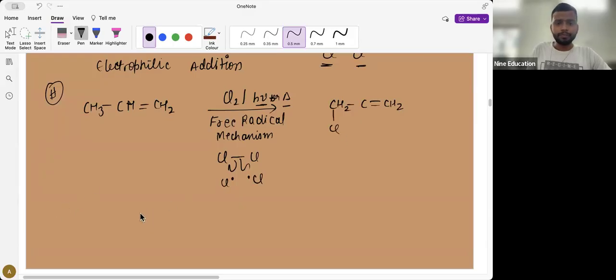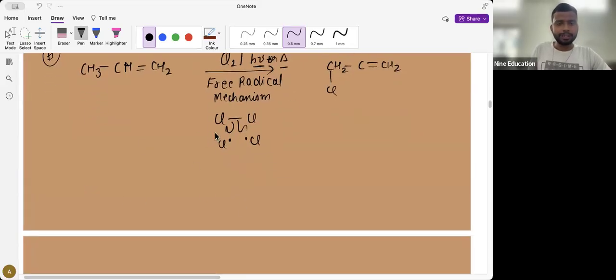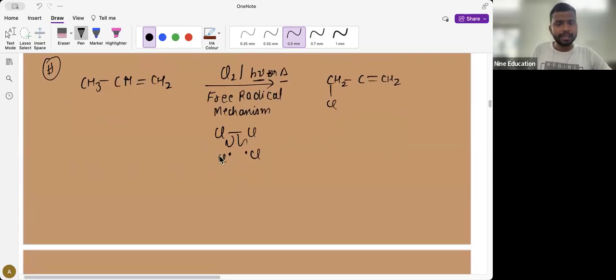The Cl radical will try to break. Initiation was done by the Cl radical. Now the Cl radical will try to propagate this reaction by making a radical on this compound.